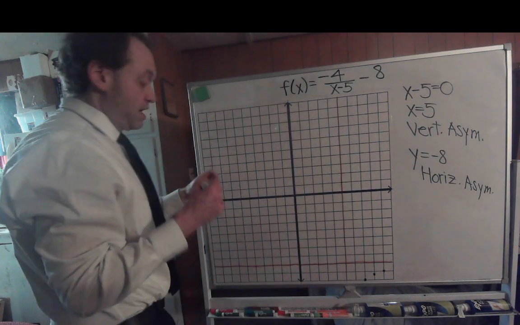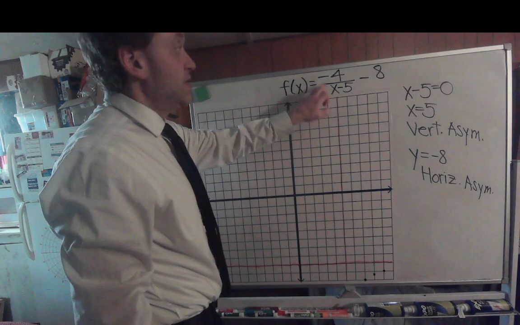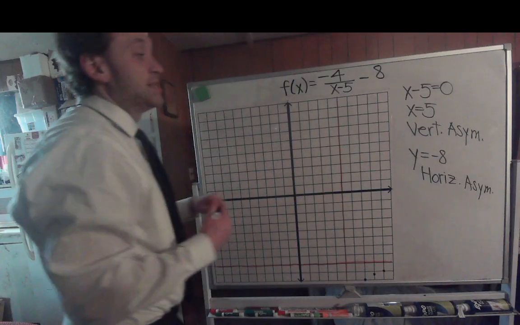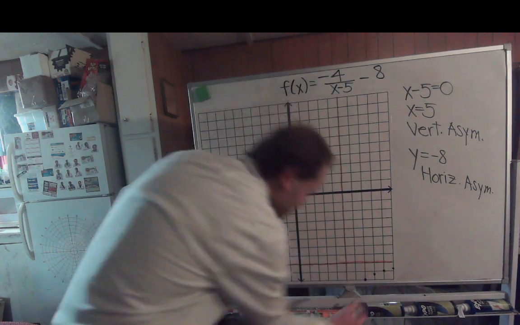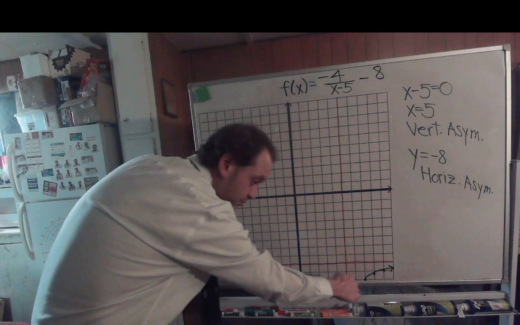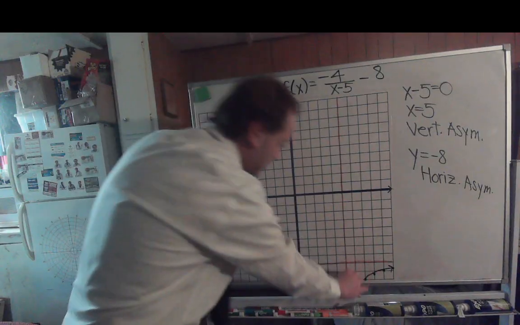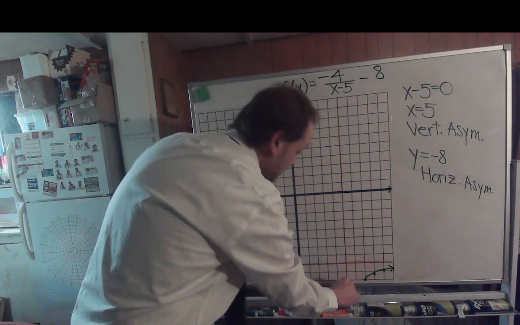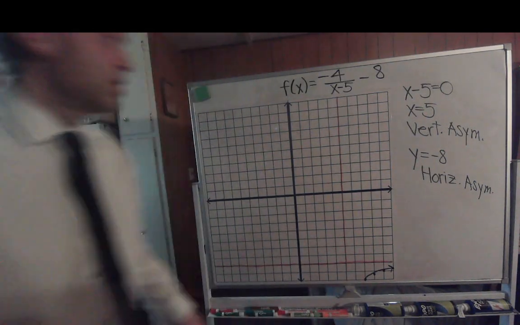And then what about when x is 10? So 10 minus 5 is 5. Negative 4/5 minus 8 is negative 8 4/5. So you see what it's doing here, and it's going to be hard to continue. But somewhere all the way down past the board, it would get close to that vertical asymptote of x equals 5. It's just off the board.